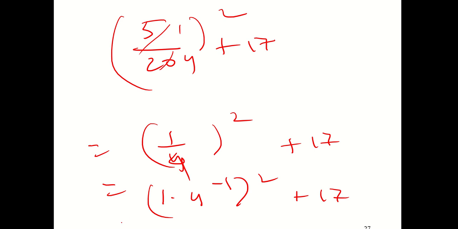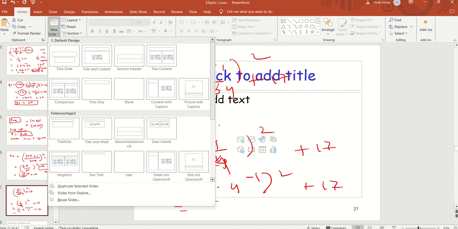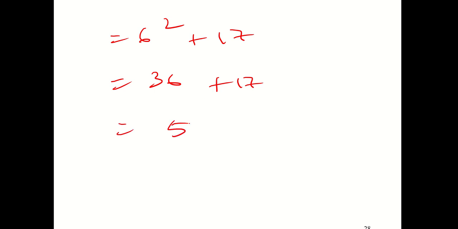So you get 6 square plus 17, which is 36 plus 17, which is 53. Now 53 in mod 23 is basically 7.